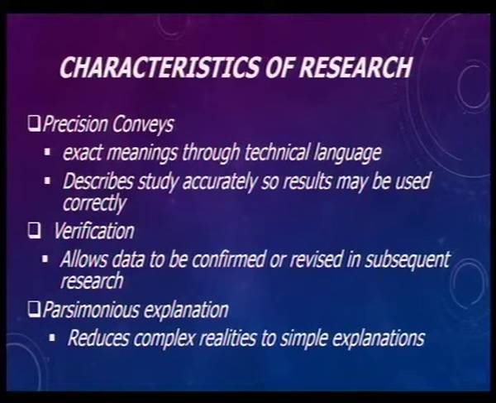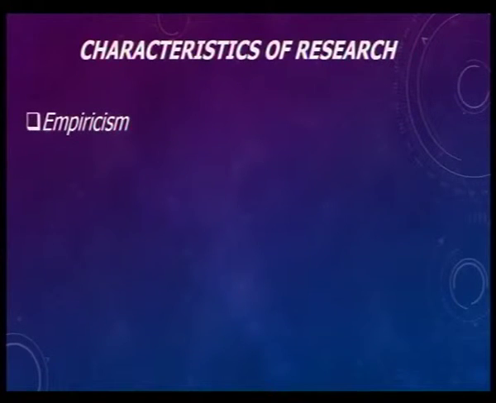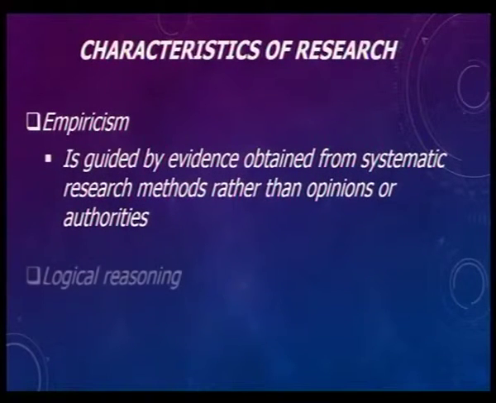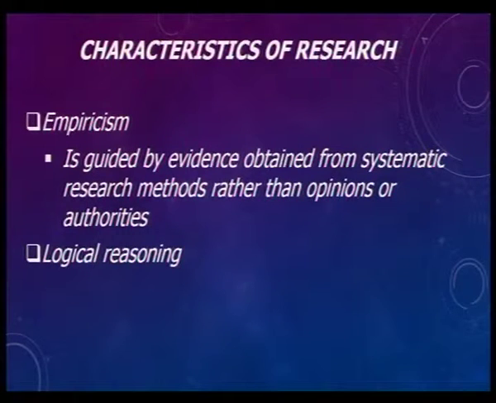You don't need to carry all of it; reduce the information into a simpler form for your research. Another characteristic is empiricism. This is guidance by evidence obtained from systematic research methods rather than opinions or authorities.